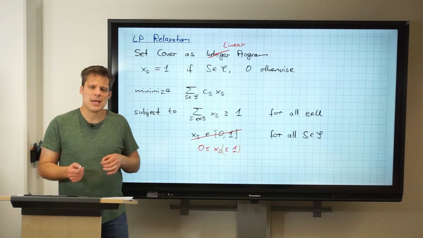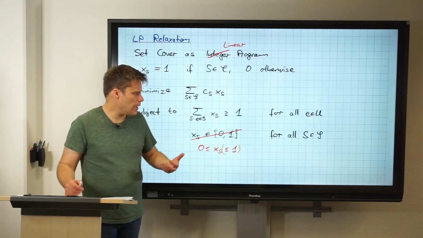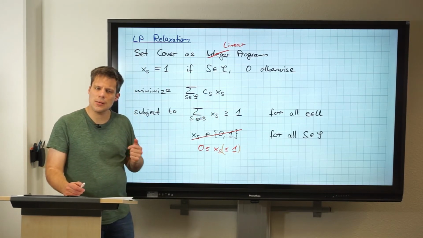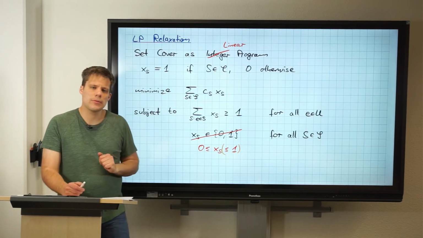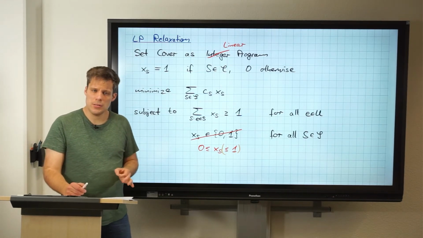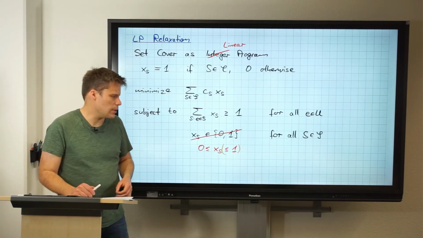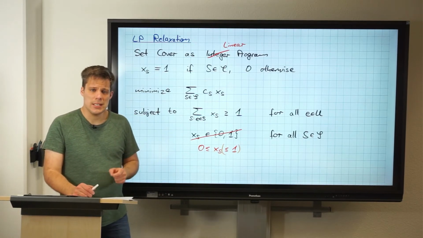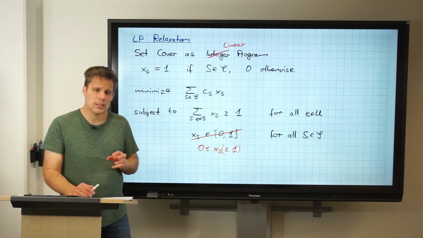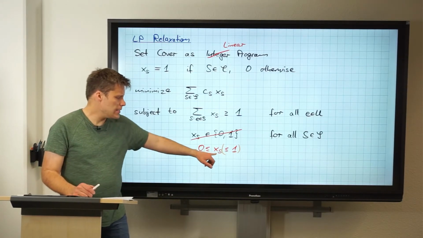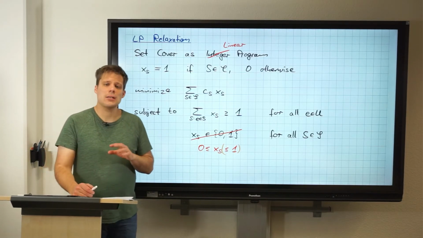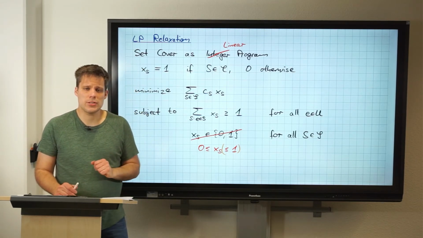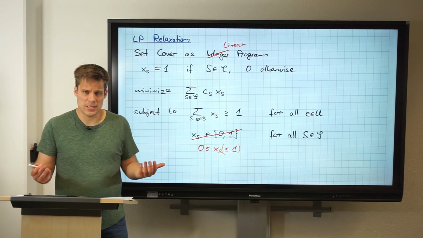If one of these XS's is strictly greater than 1, then we could just reduce it to be equal to 1, and then the respective constraints would still be fulfilled. And this will only improve the solution. So in an optimal solution, and also in any solution that we'll be considering, we will always have this fulfilled implicitly, and this makes it easier for us to state the problem and our approach. So these XS's definitely have to be non-negative. But it is okay if they are huge. That's just something that we allow because it doesn't hurt anybody.